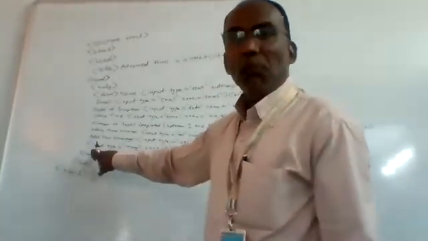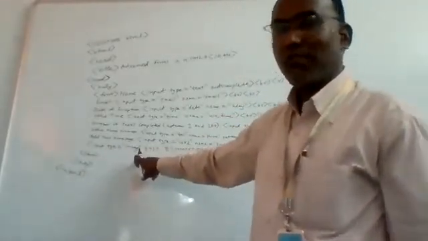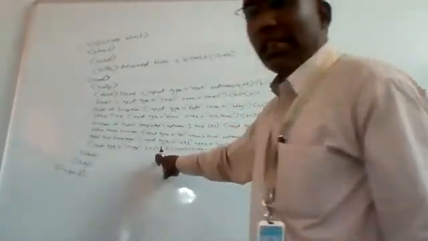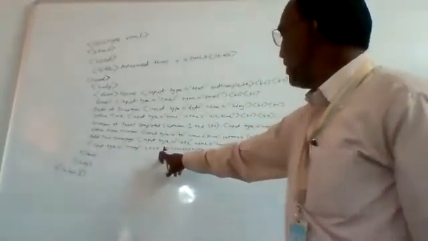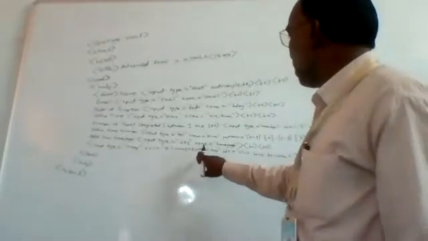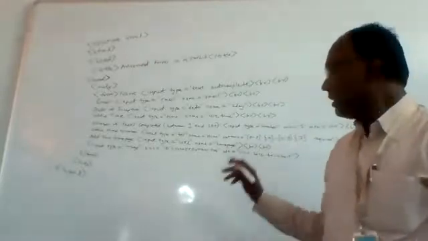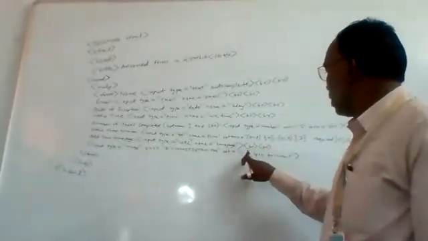Next, input type is equal to image. Source, src is equal to d:\submit button.png, and alt is equal to click here to submit.